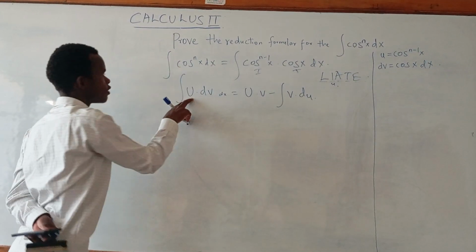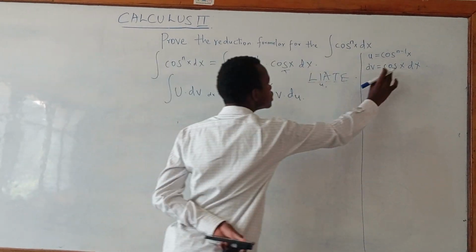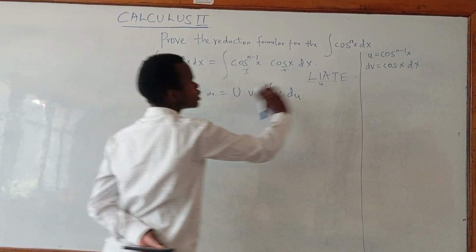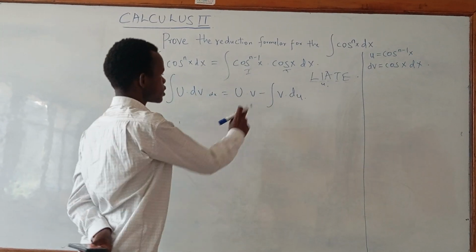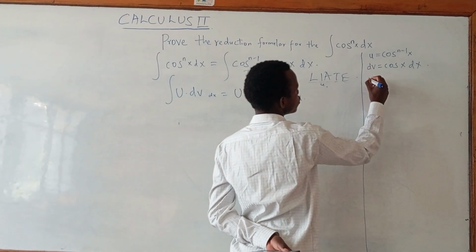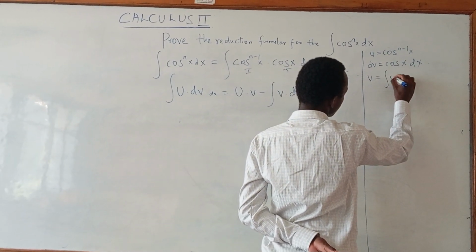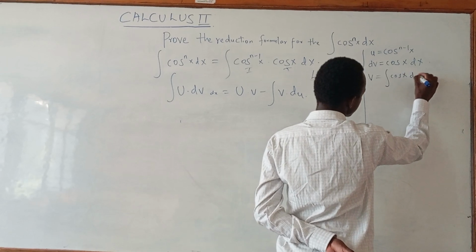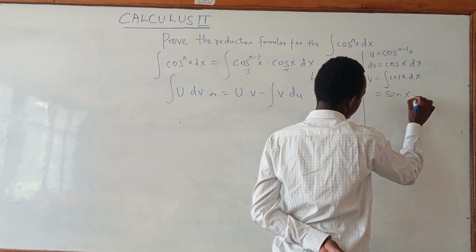From our formula, we have our u and our dv. We calculate v from here. For you to get v, you do the integral of cos of x dx, and you get sine of x.